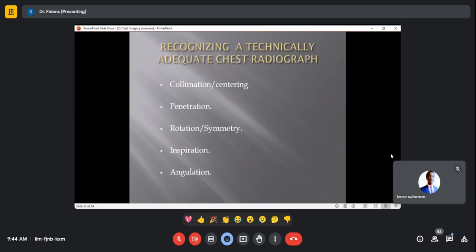I'm saying that you have to look if the outline of the thoracic vertebra can be accessed through the heart shadow. So if you can see it well, it means there was good penetration.